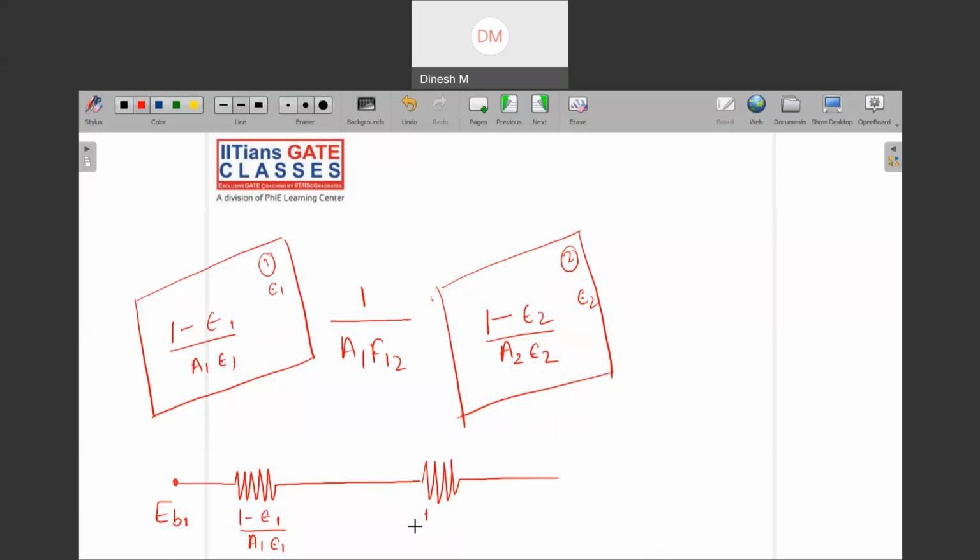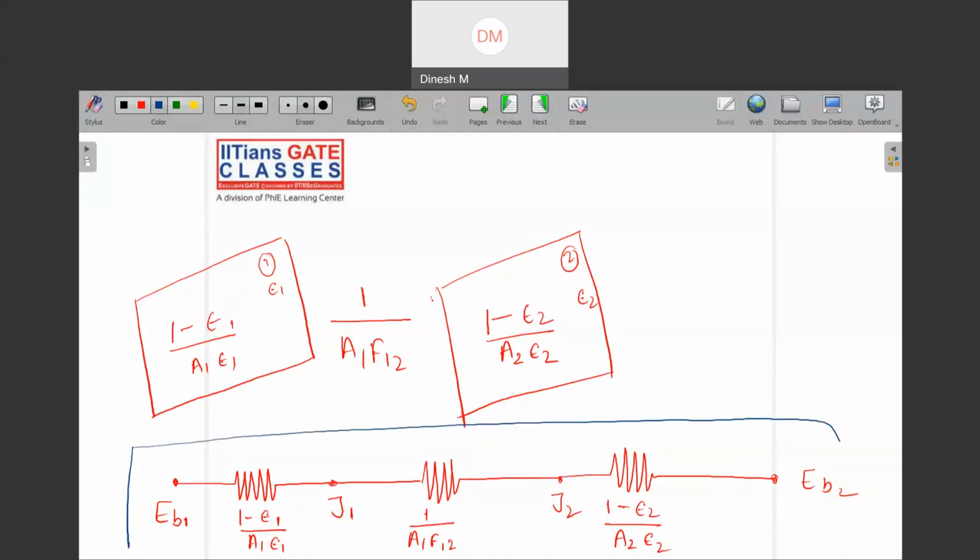So can you see that between EB1 and J1 we have the surface, then the space, and again the surface. So now I know how to draw the thermal circuits, and if I know how to draw them, then I can solve any given problem by just applying the thermal circuit concept.